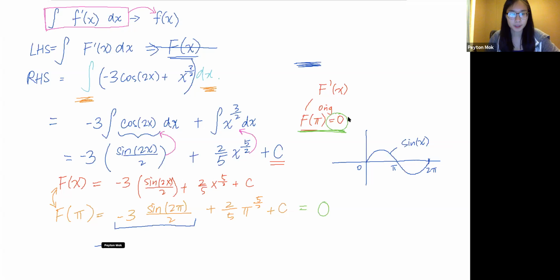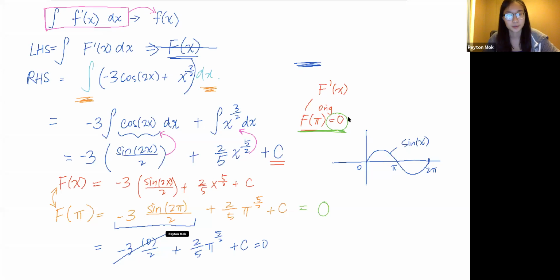So the first term here is just minus 3 times 0 over 2, plus this, plus c equals to 0. So this term is completely canceled out because this will just change to 0. So now we have c equals to minus 2 over 5 pi to the power 5 over 2.